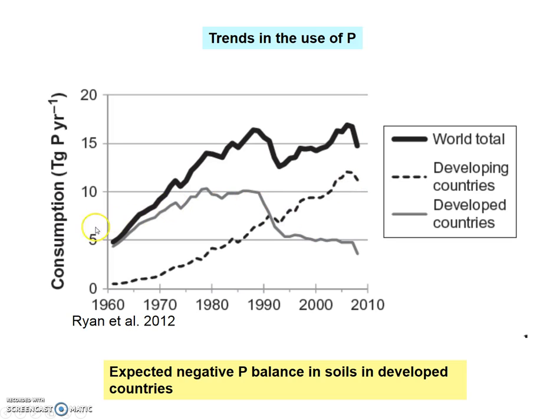But something different has occurred in developed countries, where we had first an increase until 1980, then the amount of phosphorus used was level until 1990, and then it has decreased back to levels of around 1960. So the trend is that not much more fertilizer is being used in developed countries, so some deficiency might be occurring in the future, while we expect to increase the use of phosphorus in developing countries.